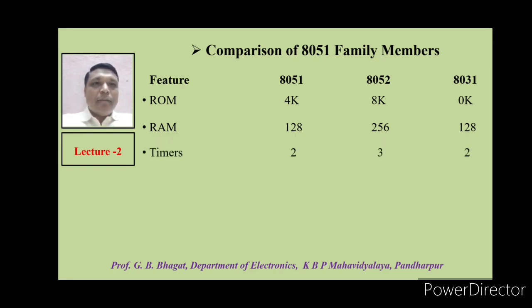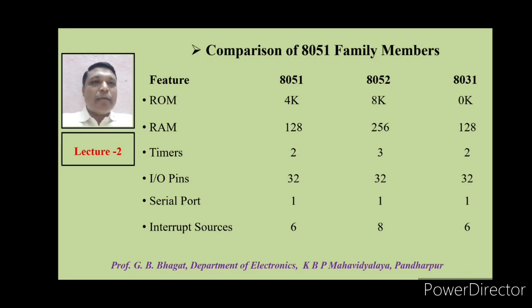Then about timers, 8051 microcontroller has 2 timers, 8052 has 3 timers, and 8031 has 2 timers. Then IO pins, 8051 microcontroller has 32 IO pins, and all other controllers have 32 IO pins. Then all the controllers have a single serial port. Interrupt sources, for 8051 there are 6 interrupt sources, for 8052 8 interrupt sources are there, and also for 8031 there are 6 interrupt sources.